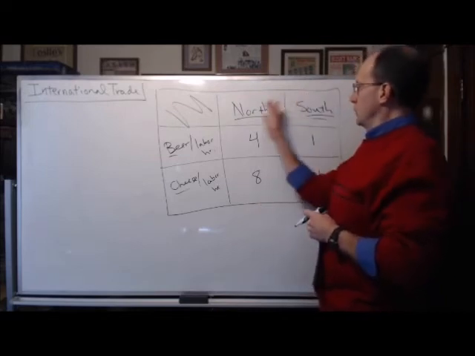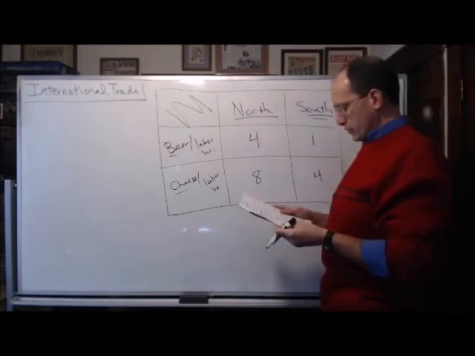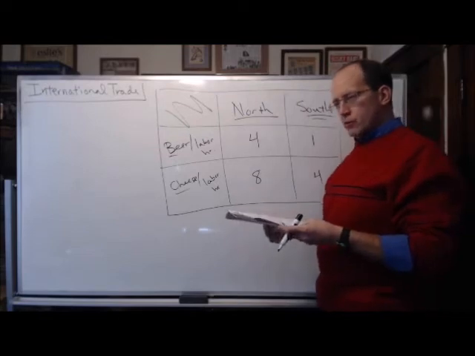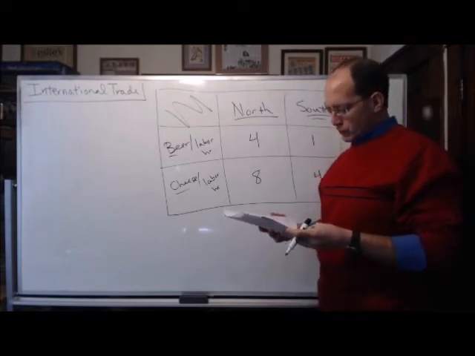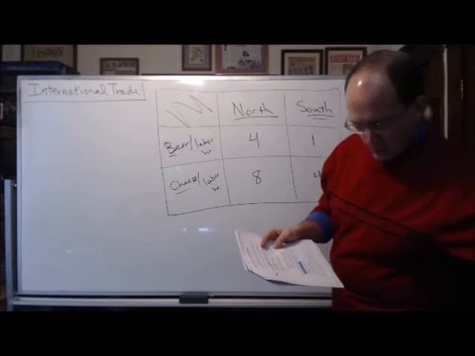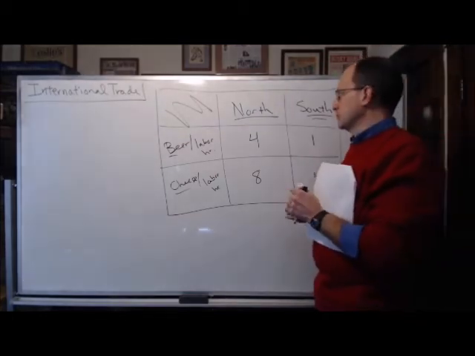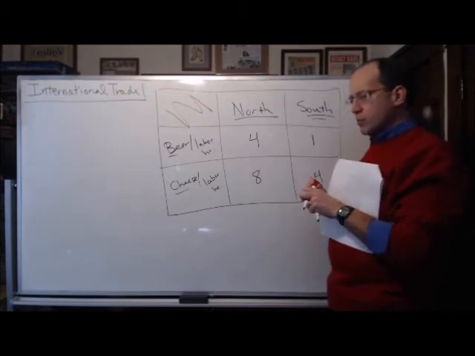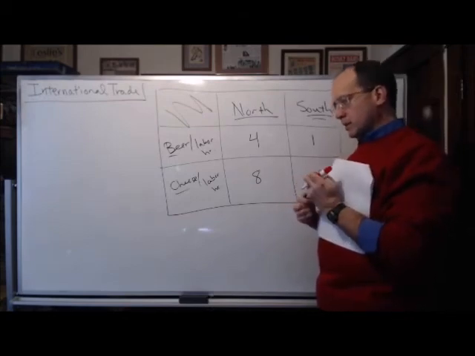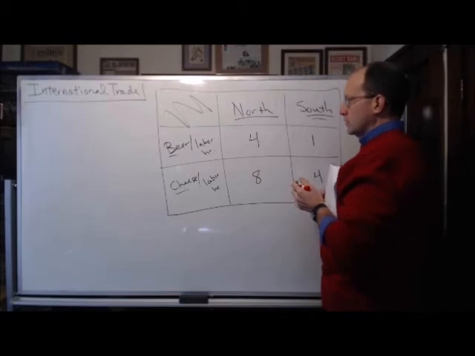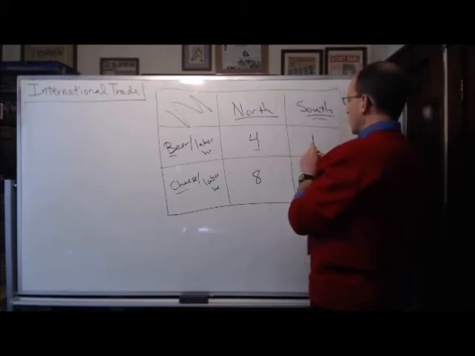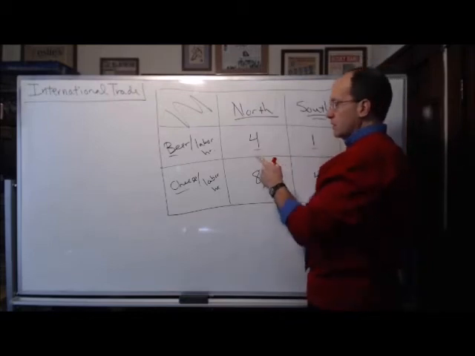So that's the production possibilities that we see if they do it alone. There's the North's possibilities, there's the South's possibilities. My questions for you are below this. The first one is, which nation has the absolute advantage in the production of beer? Which country is more productive with a labor hour at making beer? The answer is the North, because they can get 4, where the South could only get 1 with the labor hour.